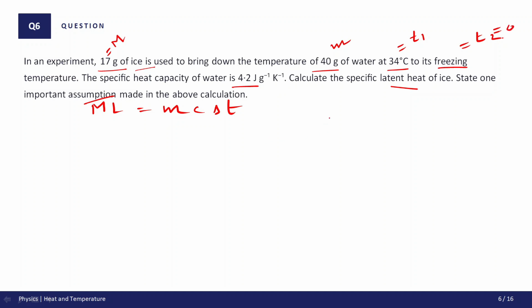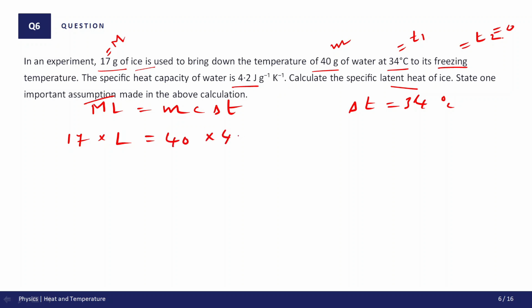Then we will find that the change of temperature is 34 degrees Celsius. Yeah, I will take the values into the equation to find the L value. This is 17 into L. Mass of water is 40.